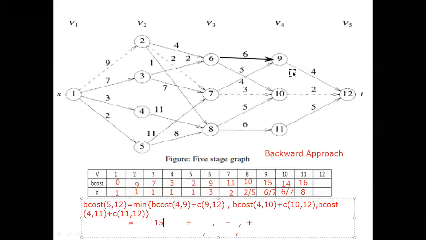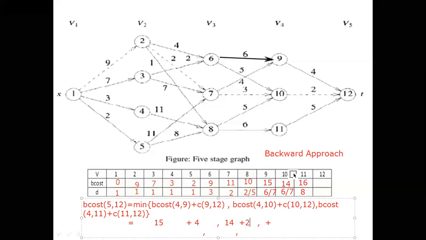What is 9, 12? It is 4. That is the first value we got. Next one is B cost of 4, 10. What is the value of 10? It is 14. What is the next value? C of 10, 12. 10, 12 it is 2.